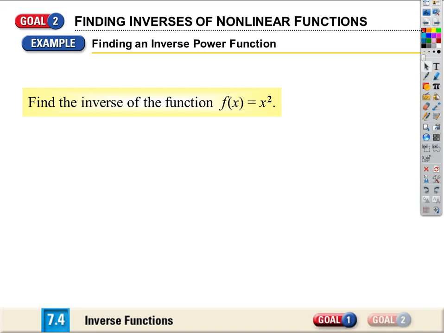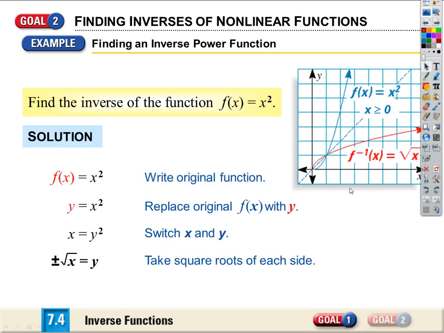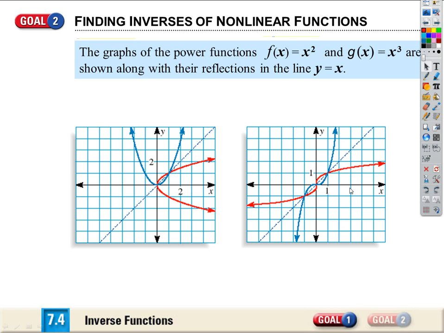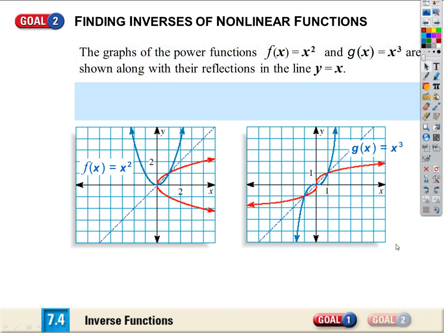Okay, so let's just summarize what we just talked about, because that's the whole ball of wax right there. If we look at these two functions here, if we look at the original f of x equals x squared, notice that its inverse is a sideways parabola, and so it is not a function, right? The inverse of f of x is not a function, but if f of x is x cubed, the inverse is a function, right?